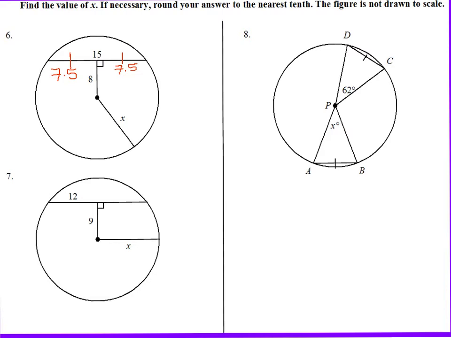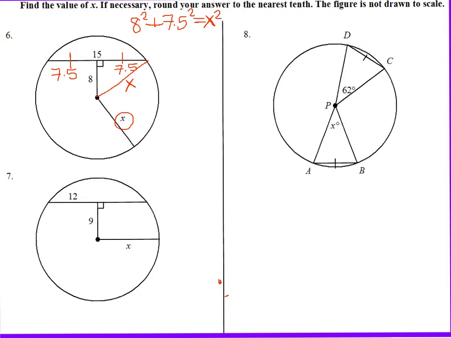Now if I want to solve for x, I see x is representing a radius, and I could draw another radius over here and call this x, and that way I have this 90-degree triangle. And now I can use the Pythagorean theorem. So I'm going to set my legs 8 and 7.5. I'm going to find the square of those and then the sum and set it equal to x squared.